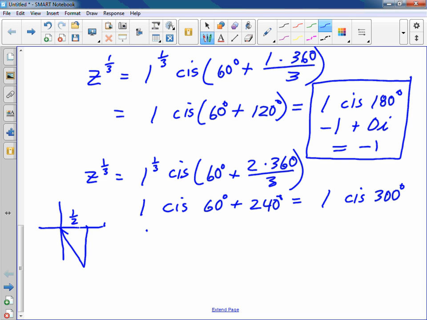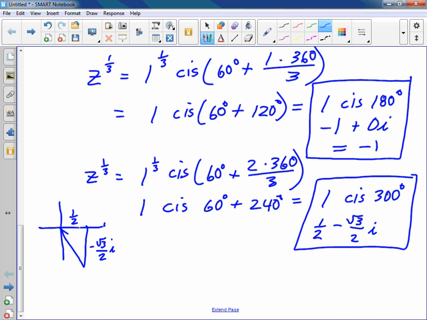And sine is going to be negative root 3 over 2i. Okay, here we go. So that gives us a rectangular a plus bi over 1/2 plus, now let's just go minus. You don't need to go plus and negative. Minus square root of 3 over 2i.